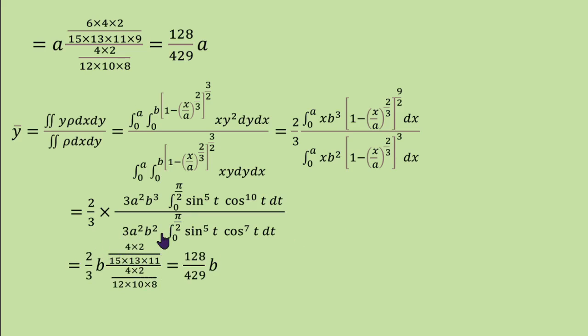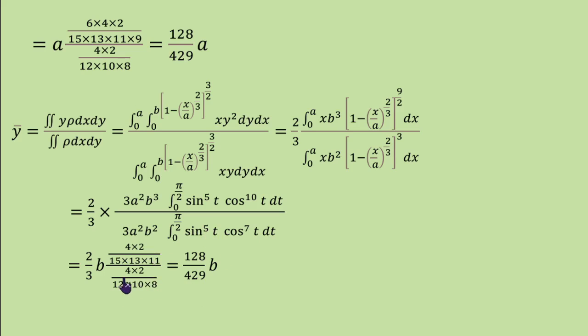here 3a square b square, 3a square b square cancels, b remains, 2 by 3b into 5 plus 10 is 15, 15, 13 and so on. Numerator 5 minus 1 is 4, 4, 2, 9 and something, 9, 7, those terms cancel from the denominator also. Here 5 plus 7 is 12, 12, 10, 8, 6 and so on.